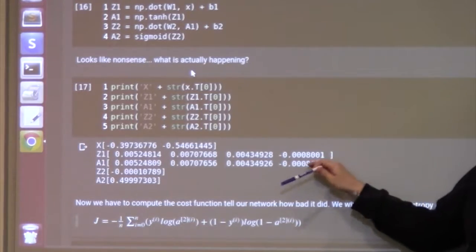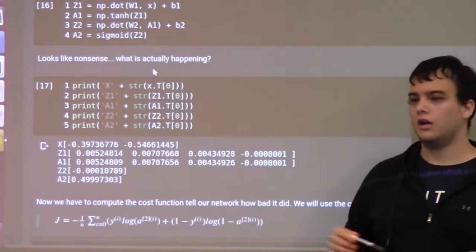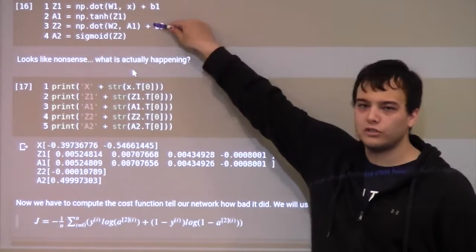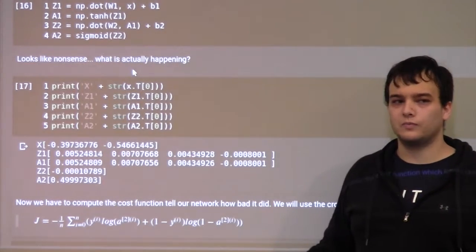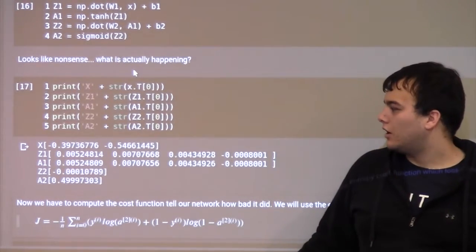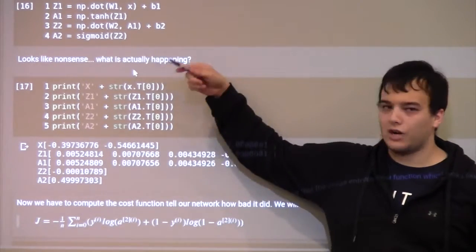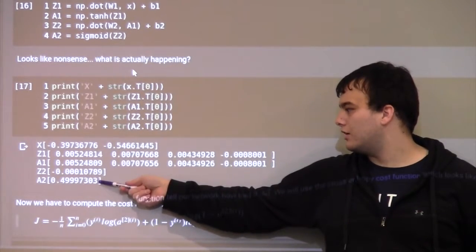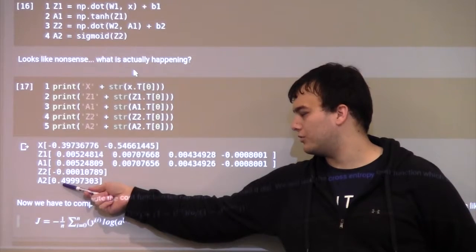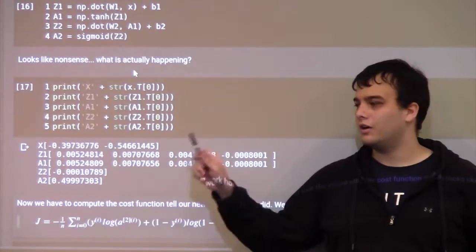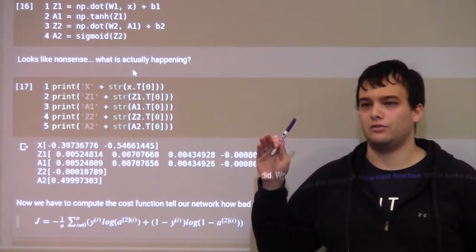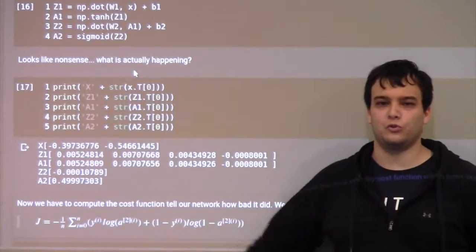That's just because all of these are already between 0 and 1, since we're passing it through the tanh function, it just makes a small difference. Z2 is what we're going to have as our output, and since this is 0.0, this is essentially 0.5. Right under 0.5, it'll predict it's a 0 because it thinks it's closer to 0 than it is to 1.